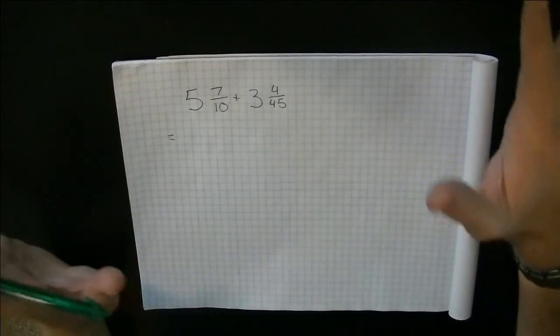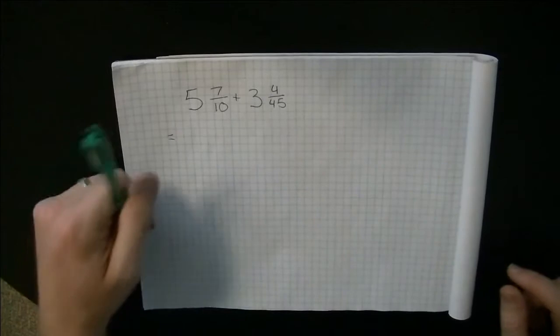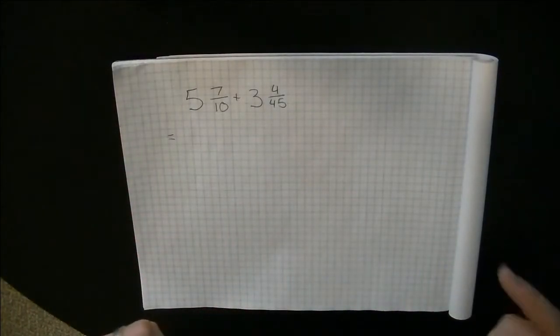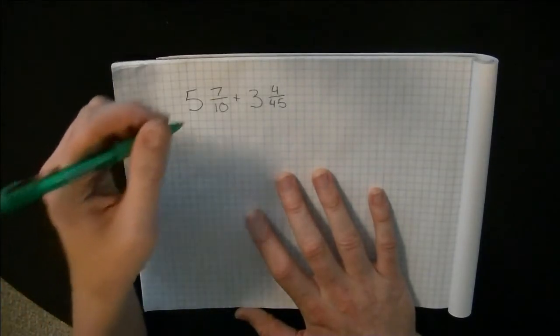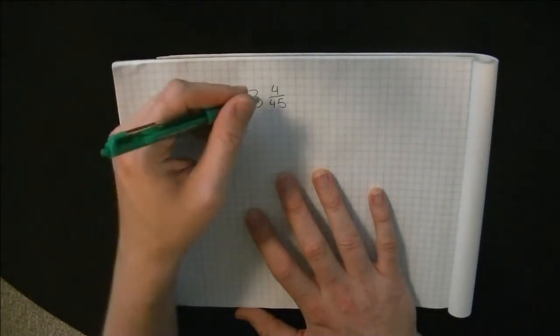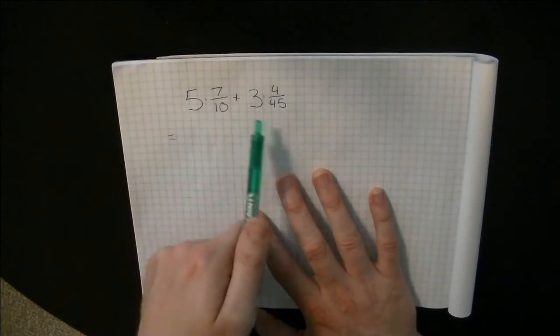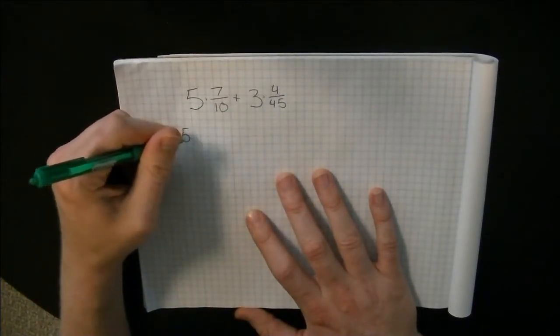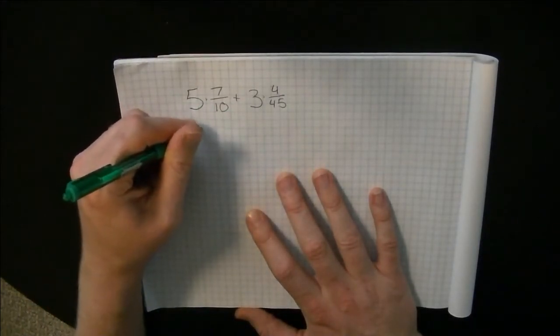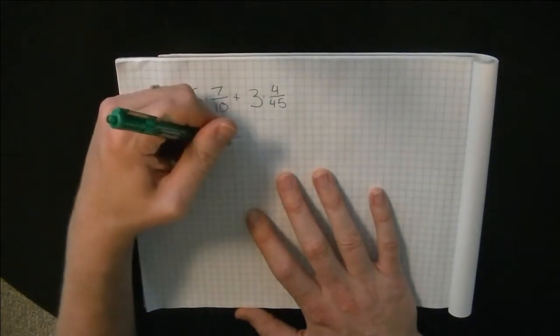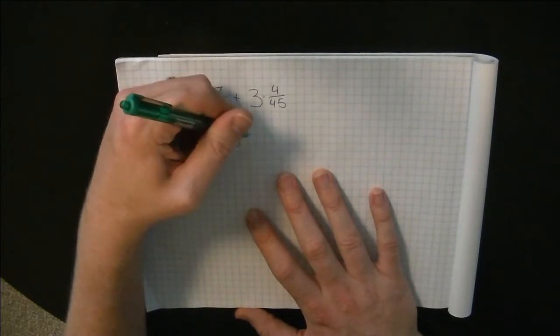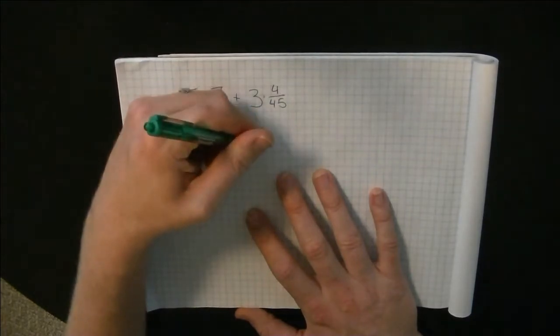For subtraction and division, the order matters. But for addition, we can change the order and everything's okay. So let's change the order. What I can do now is just turn this into 5 plus 3 plus the 7/10 plus the 4/45.